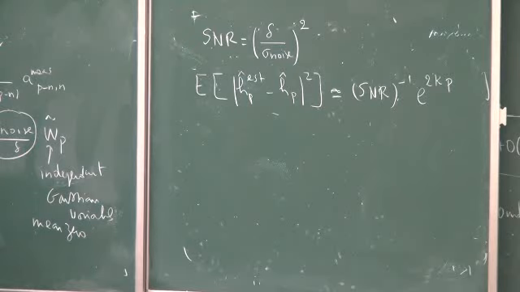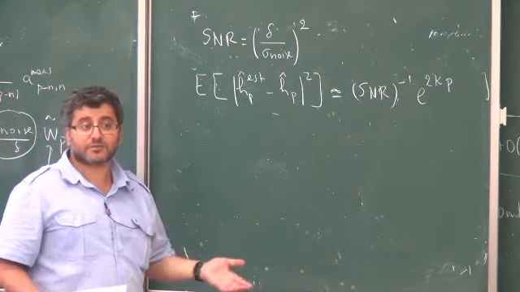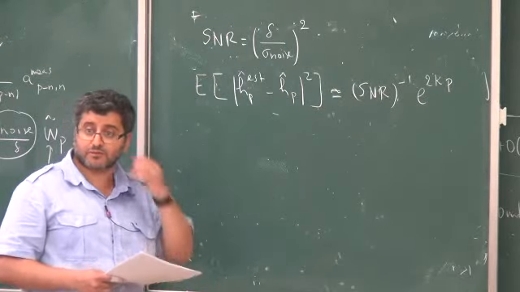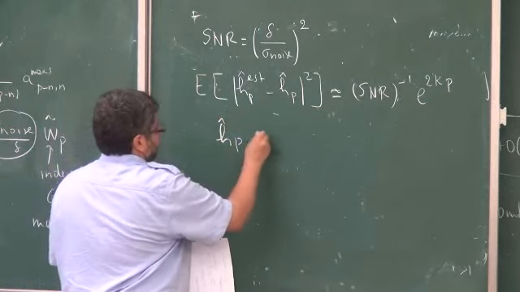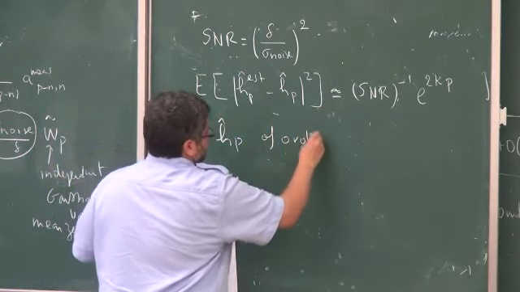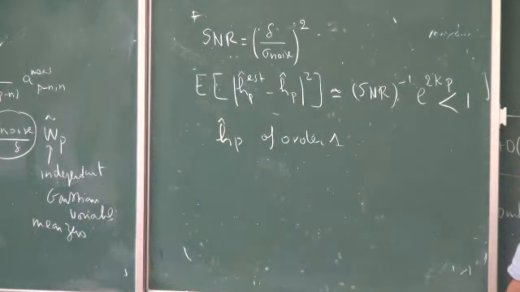You know that its expectation is the true parameter, but if its variance is large, then it's not a good approximation of the true parameter. If you suppose that h_p is of order 1, this variance has to be smaller than 1. Otherwise, you don't resolve mode p.